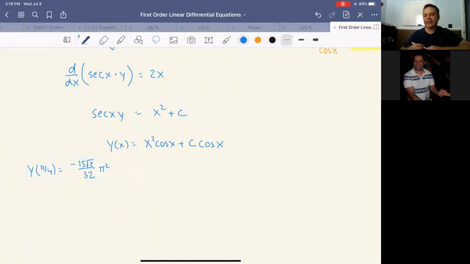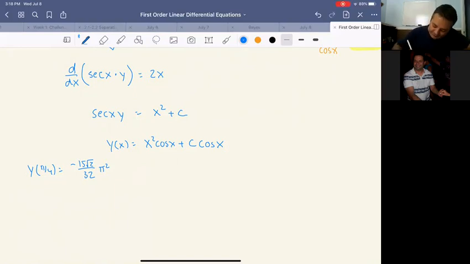The initial condition doesn't necessarily have to be at 0 or 1. It's just at any point where we can fix one of the constants. So y of pi over 4 is negative 15 root 2 over 32 pi squared.